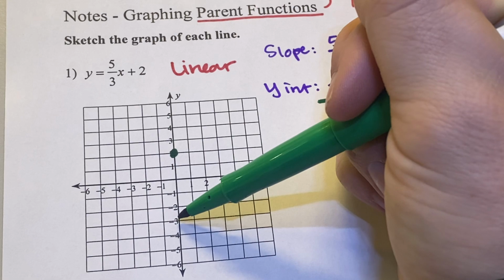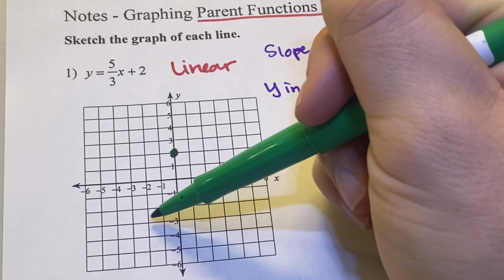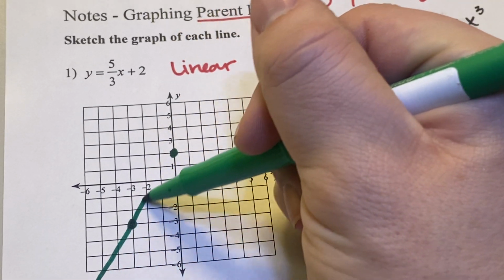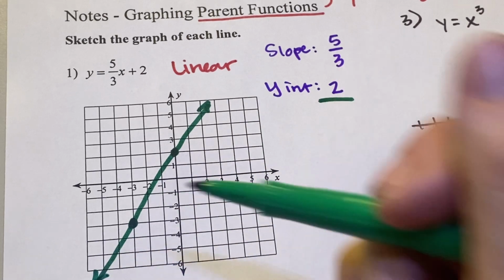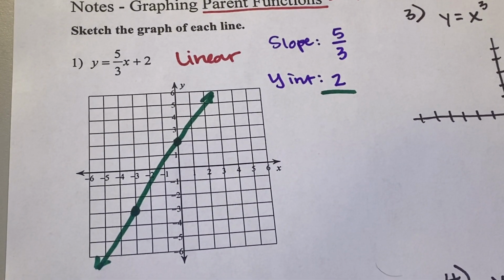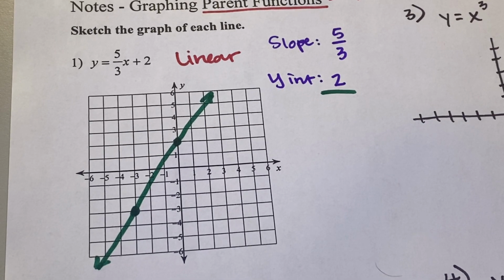But now since I went down, I now have to go backwards 3. 1, 2, 3. Booyah, there's my second point. Connect those guys with a straightish line. And boom, there's a linear function. It creates a straight line, hence the word linear. Cool. Okay, that was freshman math.